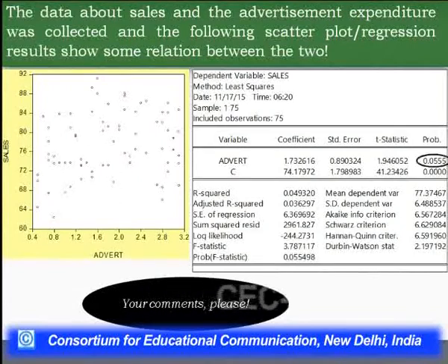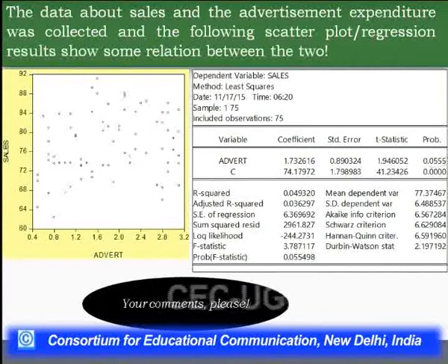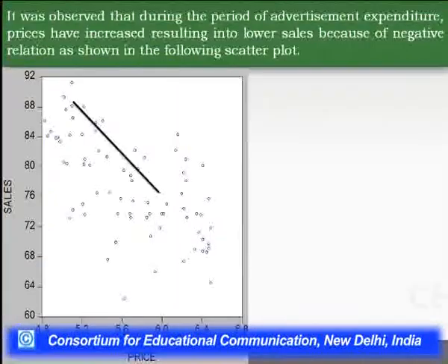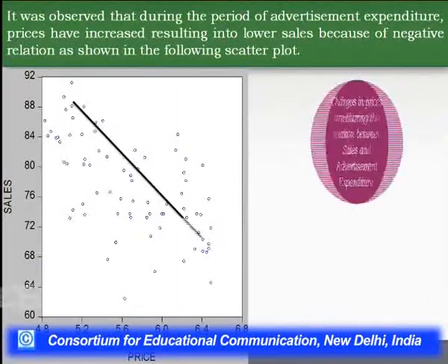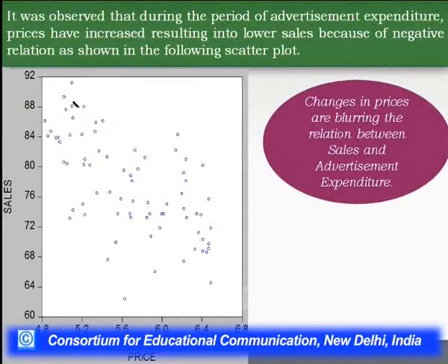The data about the sales and the advertisement expenditure was collected and plotted on the scatter plot diagram. The regression results show the relation between the two. So what is the observation which you have seen? The probability is coming to be less than 0.05.